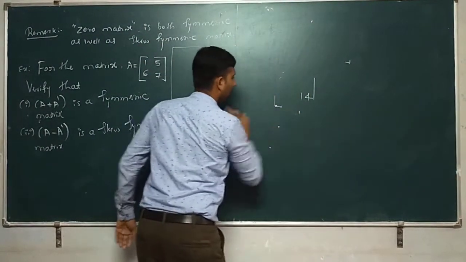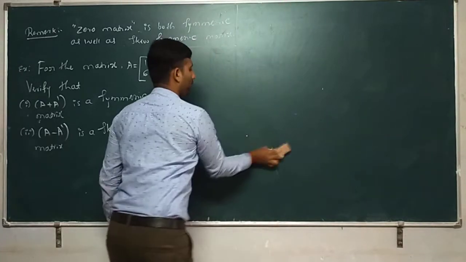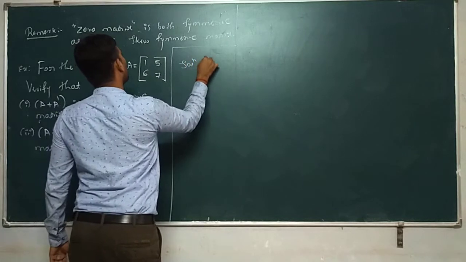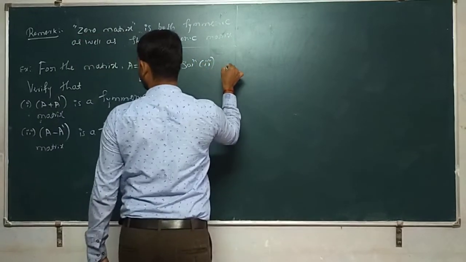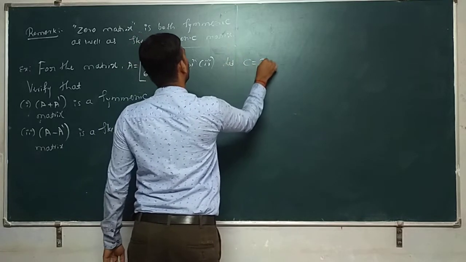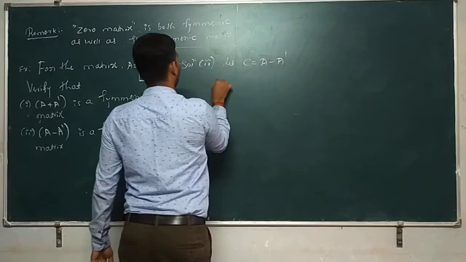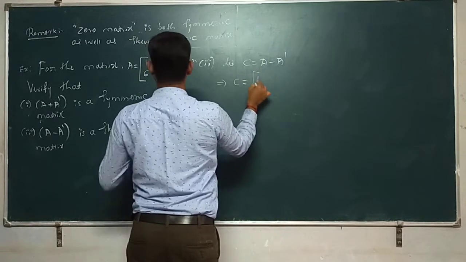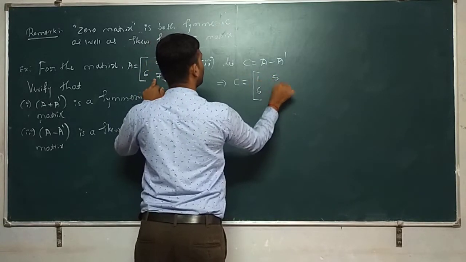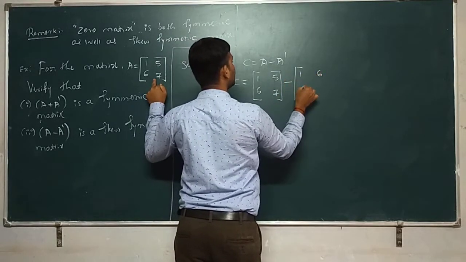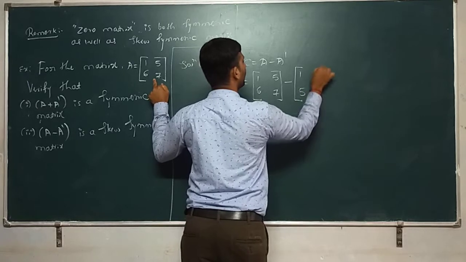After that, I will take solution number 2. Let C is equal to A minus A dash, which implies C is equal to A, which is nothing but 1, 6, 5, 7, minus A dash, 1, 6, 5, 7.